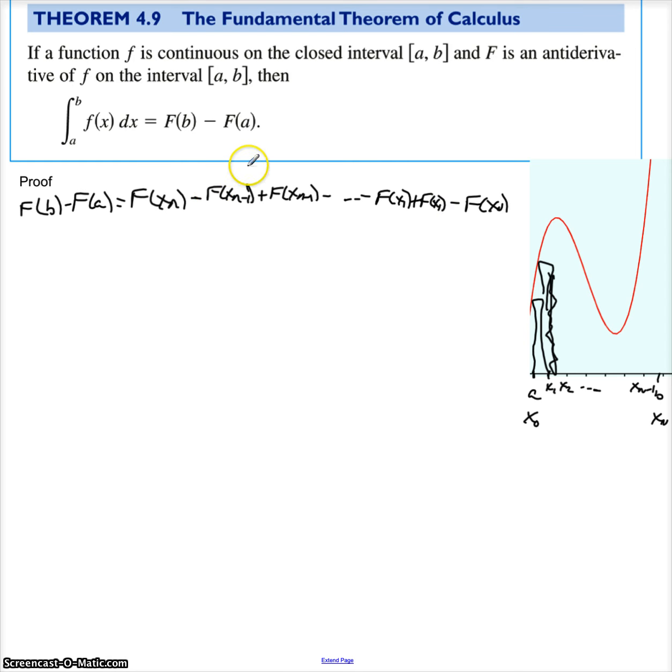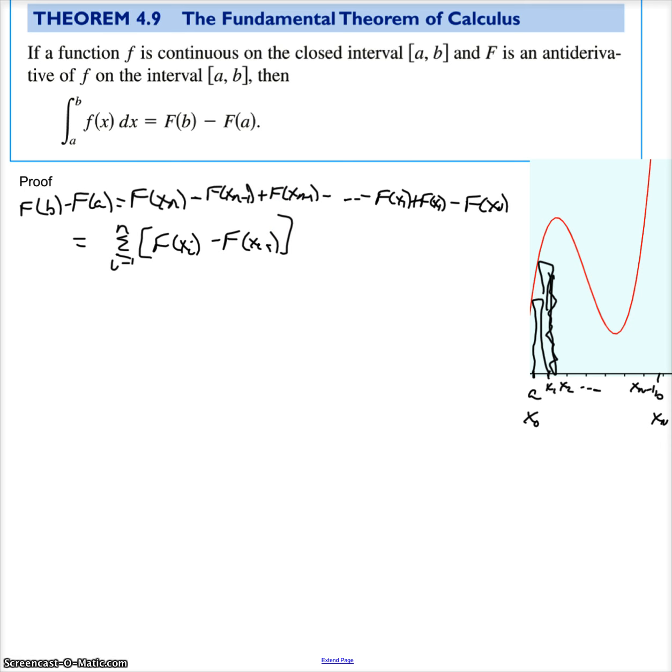Now, that's okay. I haven't done anything really weird yet. Let me rewrite this as a sum as i goes from 1 to n of f evaluated at x i minus the function evaluated at x i minus 1. All right. Haven't done anything weird yet, have I?